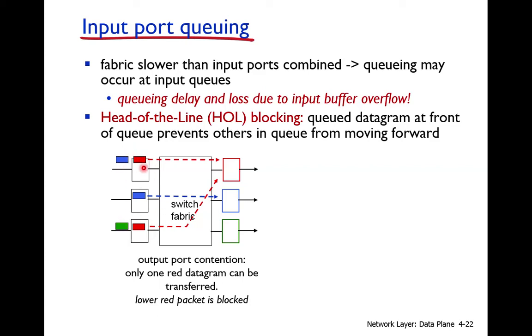Two packets are received at input port 1, one packet is received at input port 2, and two packets are received at input port 3, in this order. Now suppose that for this red one and this red one, the outgoing port is this one. We know that only one packet can be transmitted to an output port at a time.